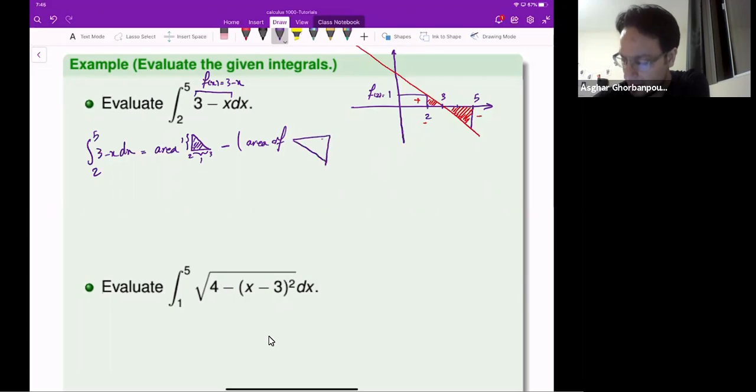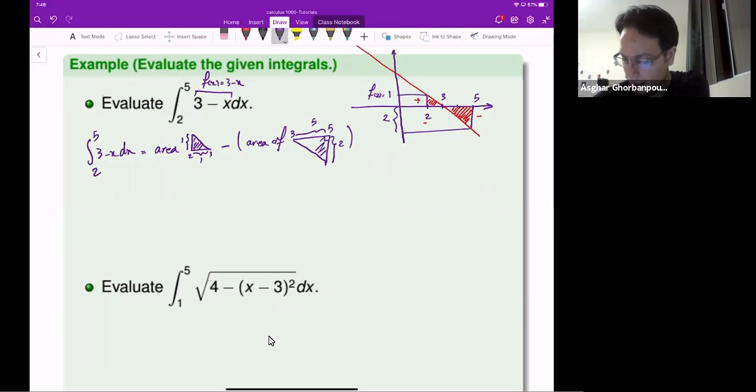Again, that is a right triangle. Here's 3, here's 5. That gives me base equal to 2. The length of this guy here is whatever f at 5 is, but not the negative sign of that. So here, f at 5 is going to be -2, but I'm just interested in the length of that guy.